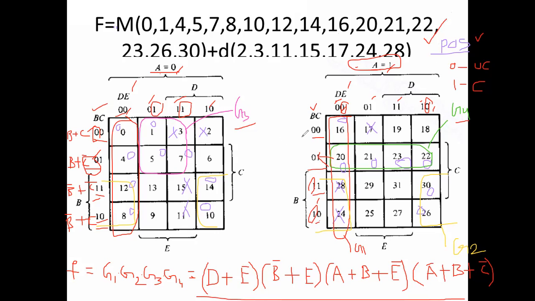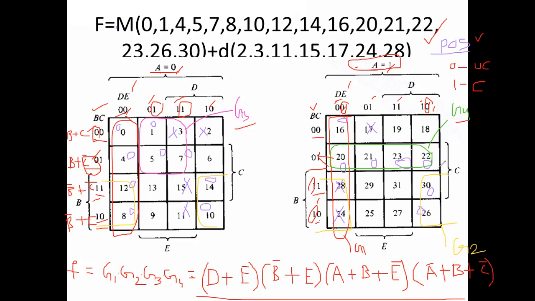So in this way, if don't cares are given for 2 variables, 3 variables, 4 variables or 5 variables, the same procedure will be followed. First, we place ones for SOP forms and zeros for POS forms. If don't cares are there, those are also represented in the general K-map.